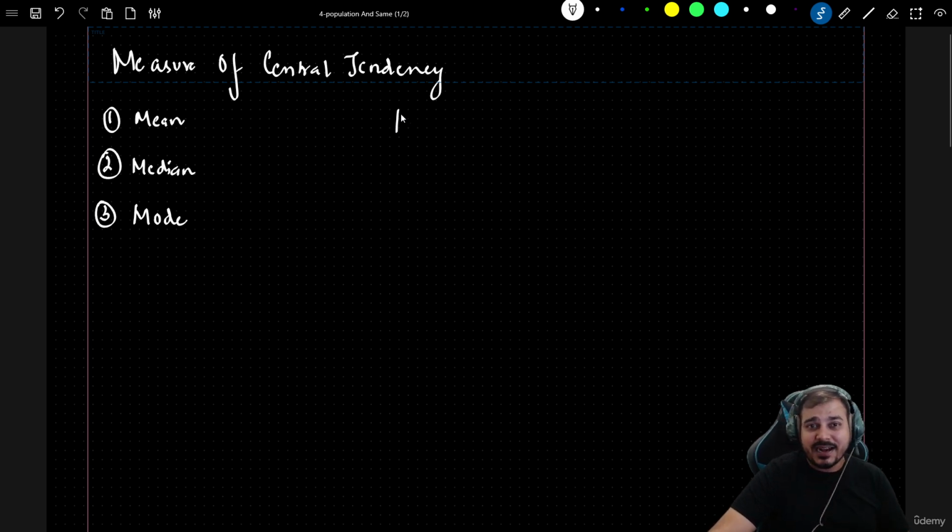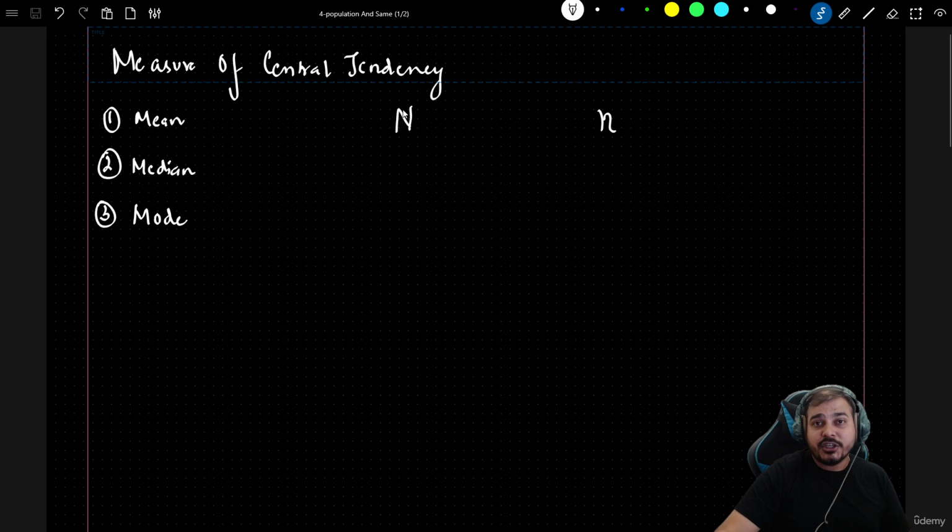So let's consider that I have a population of size capital N and a sample of size small n. With respect to this, the mean or the average formula will change a bit. So let's discuss what exactly the formula is.